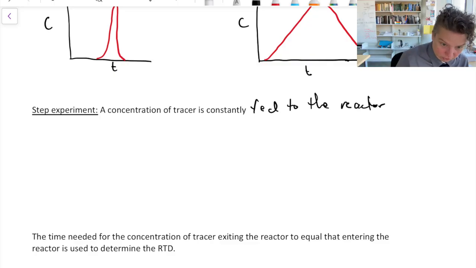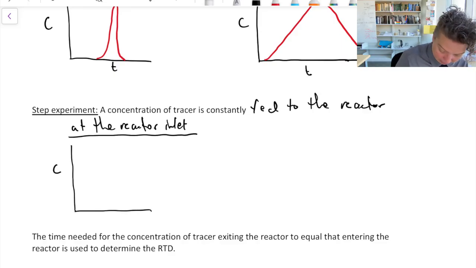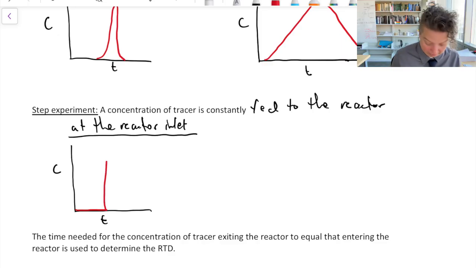So if we wanted to draw the same plots at the reactor inlet, concentration versus time, basically in a step, I have nothing, nothing, nothing, and then all of a sudden I start, and then I'm going to dose a constant concentration.